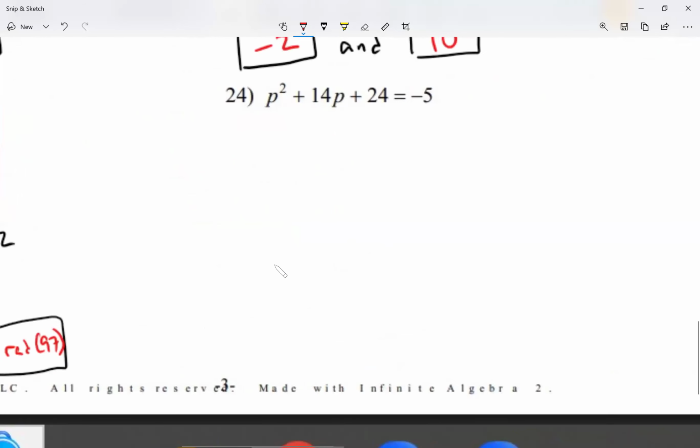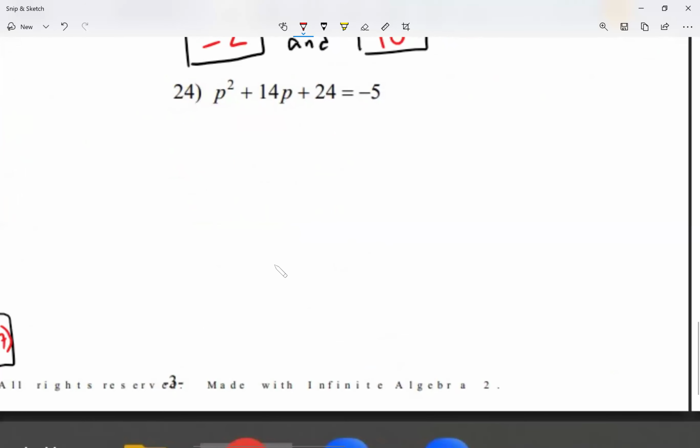Take a look at one more example. I'm going to separate my sides through the equal sign. Everything that has a letter on the left side, everything that does not on the right side. So this plus 24, let me move it over as a -24. So that gives me p squared plus 14p is equal to -29.